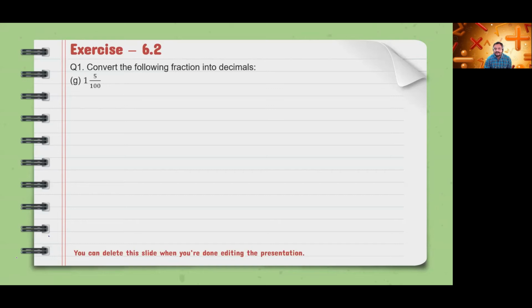First we will convert this mixed fraction into improper fraction. 100 into 1 is 100 only, plus 5, 105 upon 100. So what will come then? 1.05. Correct.